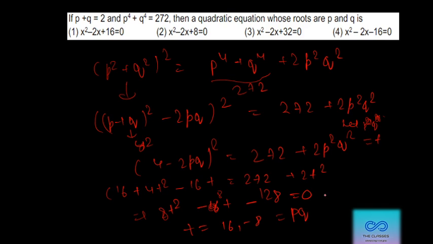So we got two answers: x square minus 2x plus 16, which is this one, and another we have got is x square minus 2x minus 8. So we have only one answer, that's why only one option is there. If here it would be minus, then it would be multiple correct, and that would be a bonus question for you.